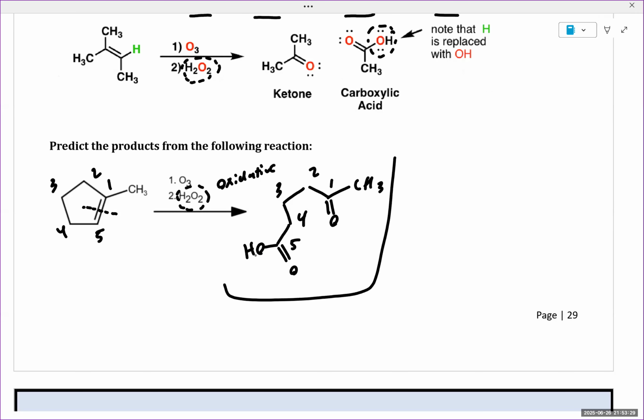So here's the product that we have observed from this reaction. Ozonolysis is really useful to break carbon-carbon double bonds and generate the corresponding carbonyl compounds.